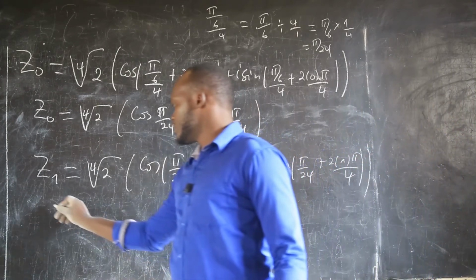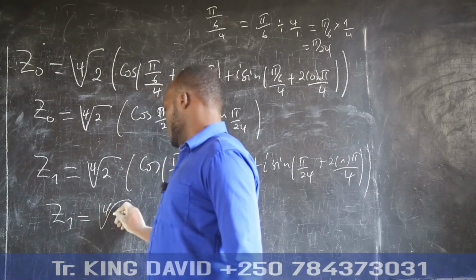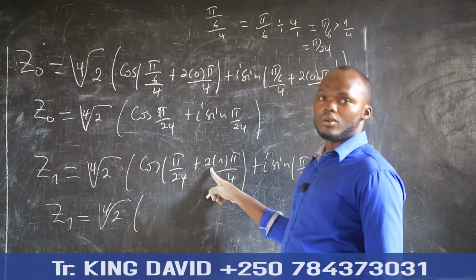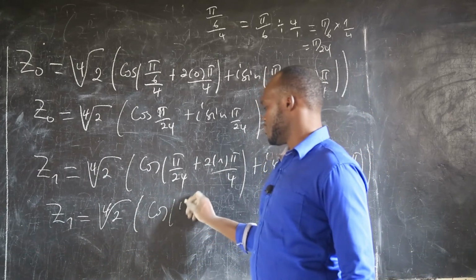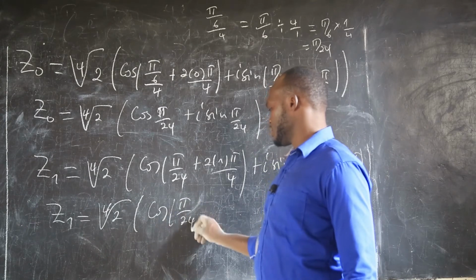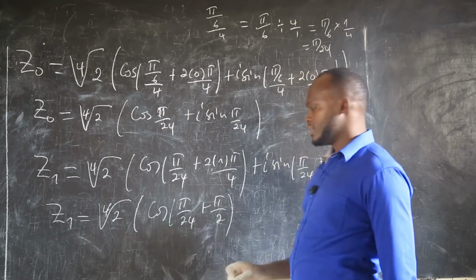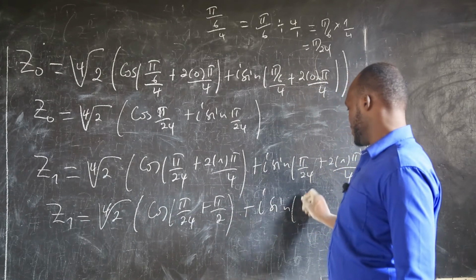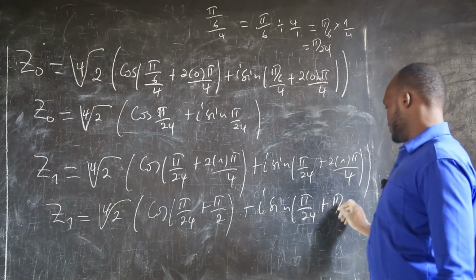So z1 is the fourth root of 2 into bracket cos pi over 24 plus pi over 2, plus I sine pi over 24 plus pi over 2.